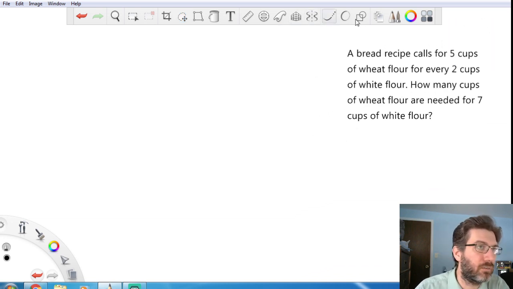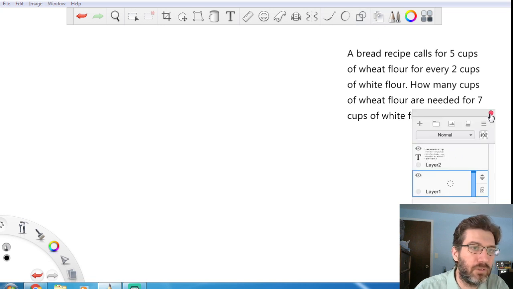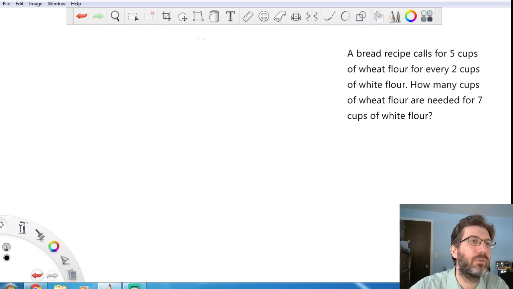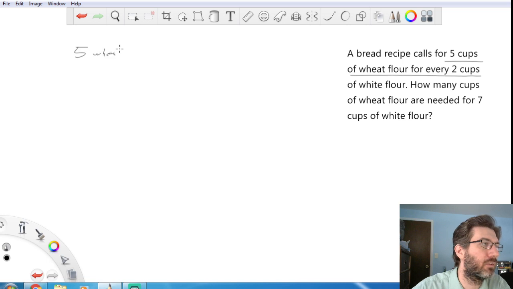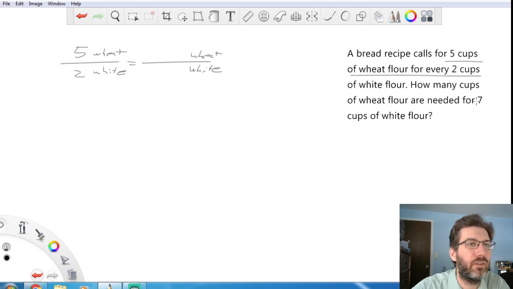Again, there are like 4 different ways to write each of these, as long as things line up. So our first ratio is 5 cups wheat for every 2 cups white, so it could be 5 over 2, wheat over white. And just make sure you have wheat on top and white on the bottom, if you're going to set it up that way. And then 7 cups goes with white flour, so, oh, white's on the bottom, put it there.